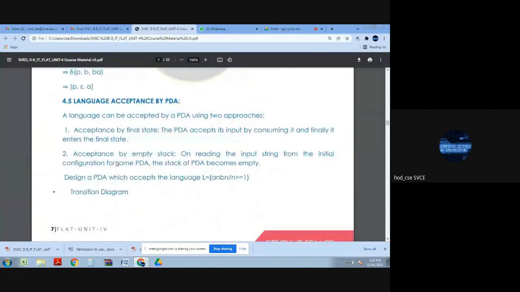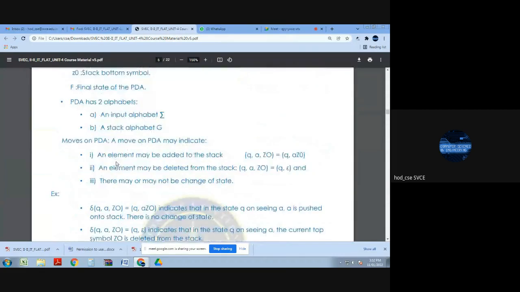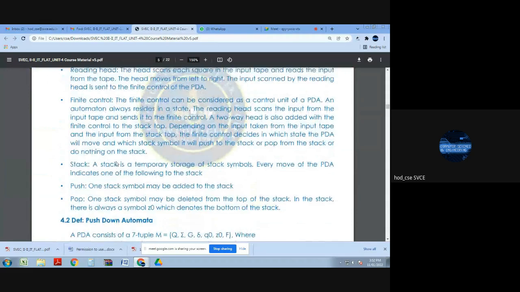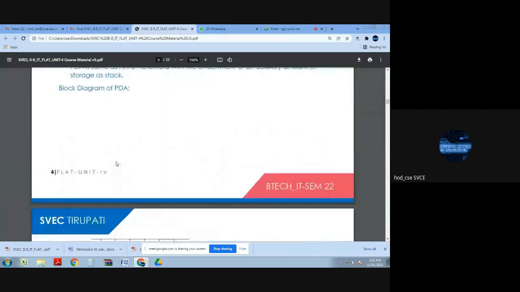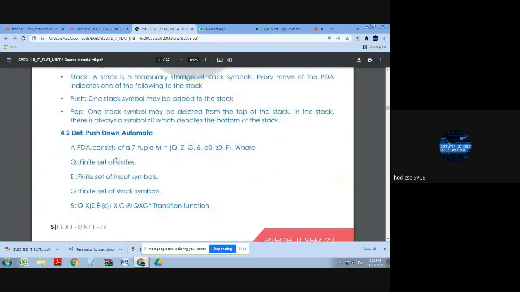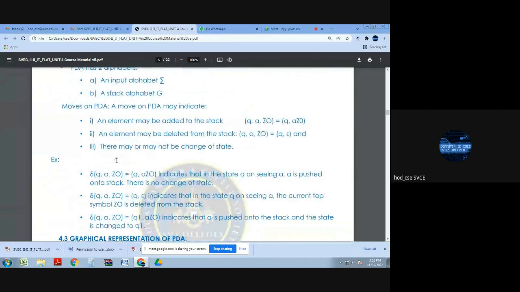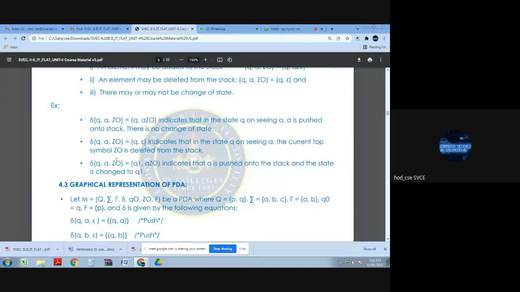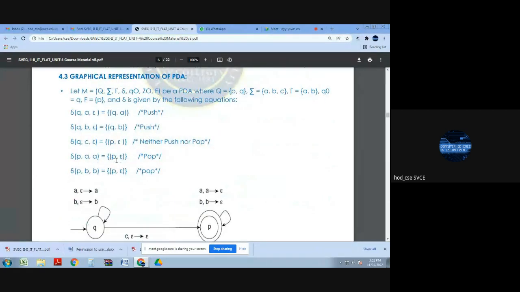In today's class, we have discussed the limitations of FA, the definition of PDA, and then the structure of a PDA or block diagram of a PDA, and then the definition of pushdown automata, and how many ways we can represent a PDA graphically.